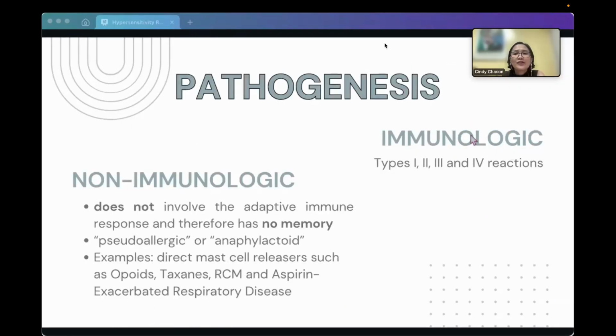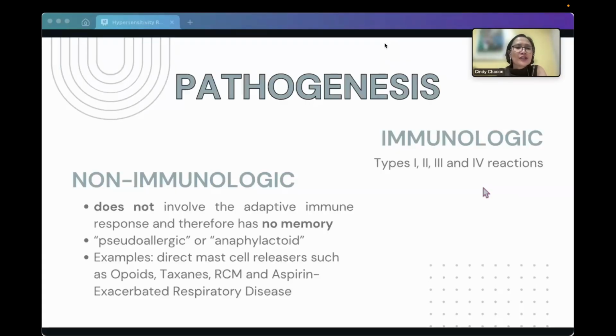In terms of pathogenesis, there are immunologic and non-immunologic pathways in the development of adverse drug reactions. Non-immunologic reactions do not involve the adaptive immune response and have therefore no memory of the reaction, and the ability to reproduce them on subsequent exposure to the drug is inconsistent.